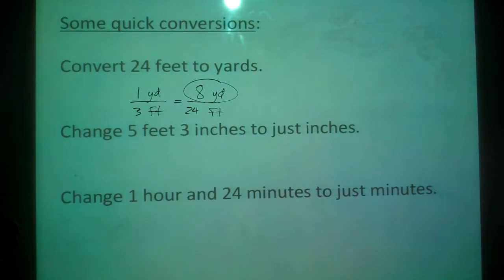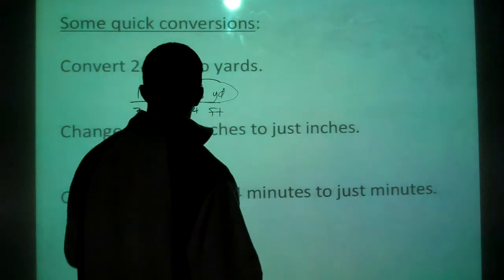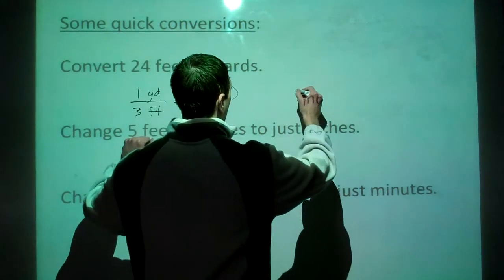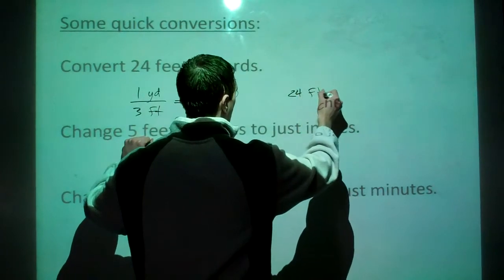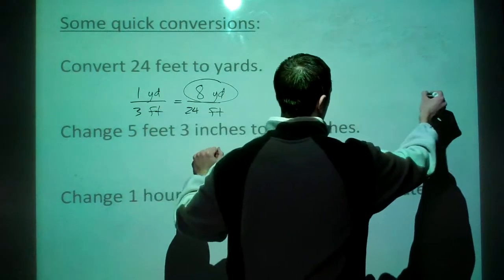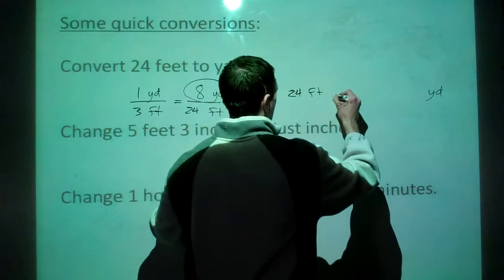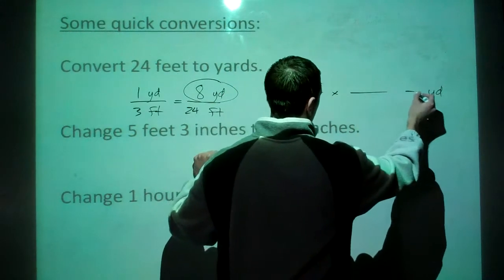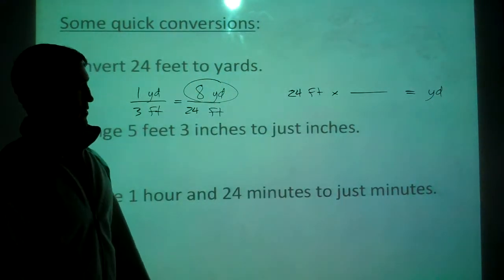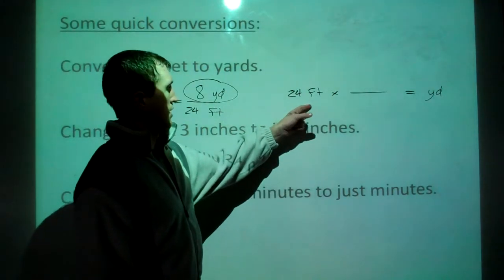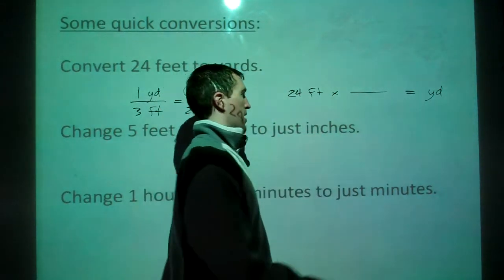And we have a bunch of different ways to do those. One way that you'll often see me do it is start with what they give you, 24 feet. And I know that eventually we want to get to yards. So we're going to multiply it by something to get there. Whatever you start with is your feet. So that always goes in the bottom of this one.